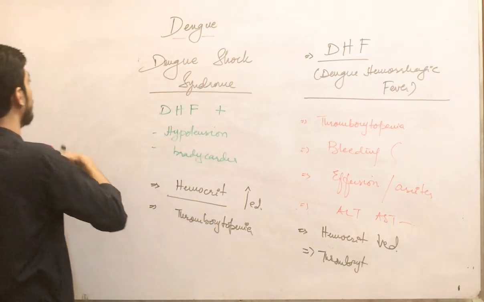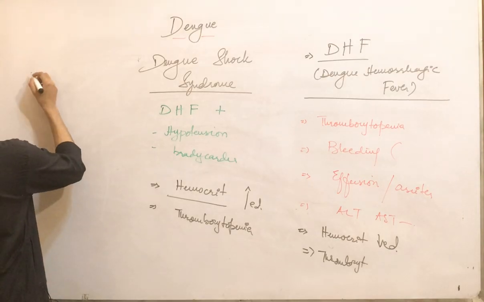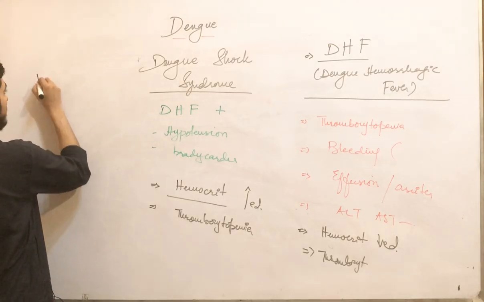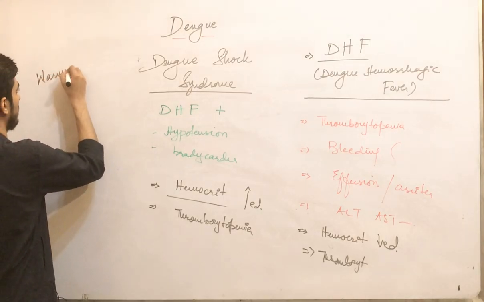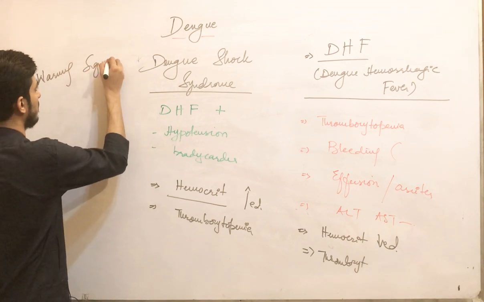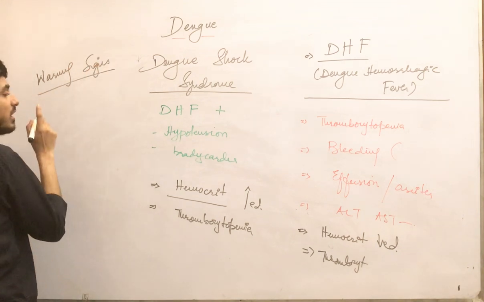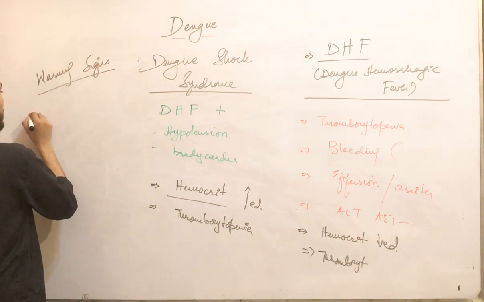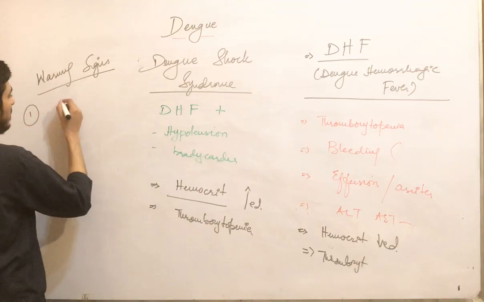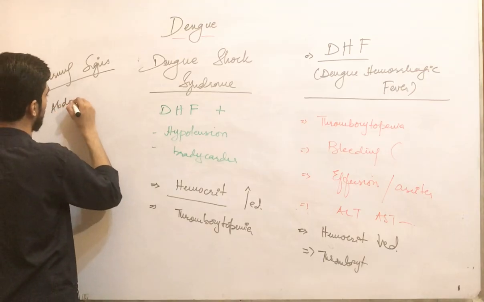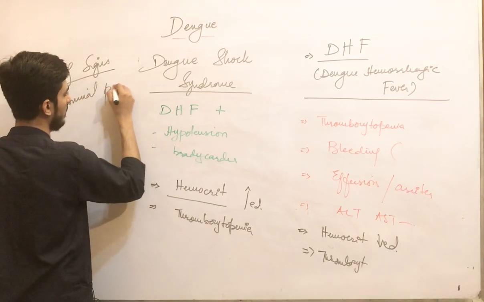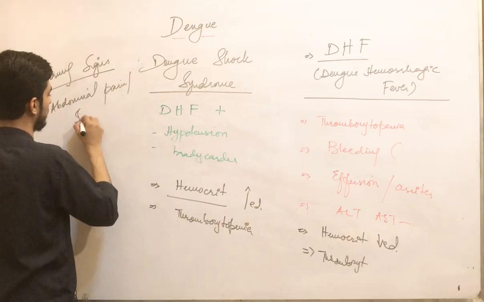So you have to monitor the patient very carefully. There are 5 to 6 warning signs. First of all, we have abdominal pain or tenderness.